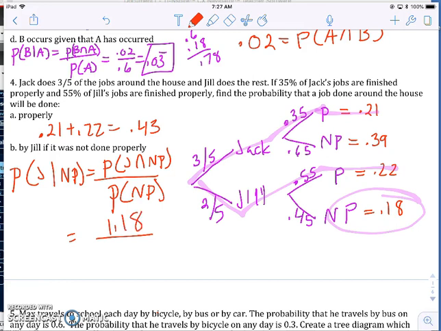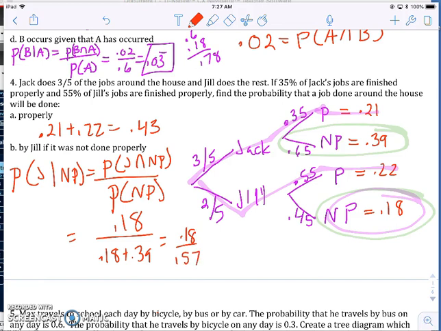But for the probability of not proper, we have here and here. So we have 0.18 plus 0.39, so 0.18 over 0.57. So we could say 18 over 57.